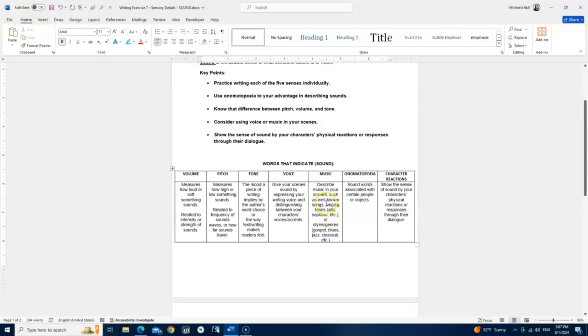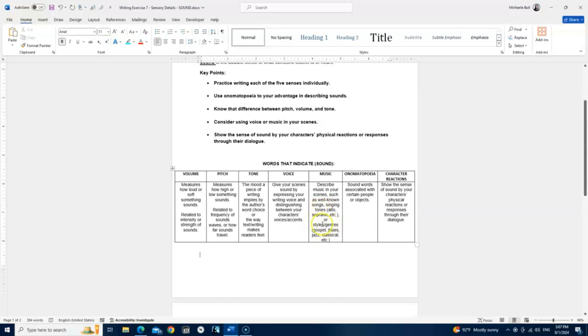Another way you can have music in your stories is by singing tones, such as alto, soprano. Maybe someone is actually singing in a scene. I have a lot of choir and singing scenes within my Hallelujah Praise trilogy series that I include inside of my books. So that's something else that you can use to add music or the sense of sound.